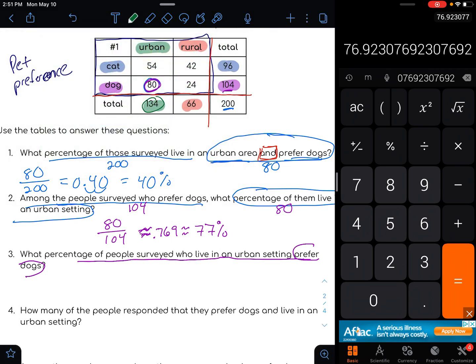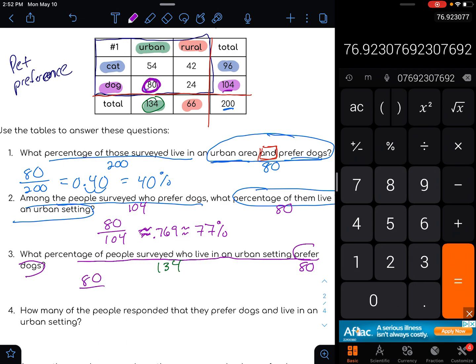So that's that 134. And then of that group, how many prefer dogs? Well, there's that 80 again, right there, because that's that urban column, and then that's the dog people of that urban column. So that's that 80 one more time.